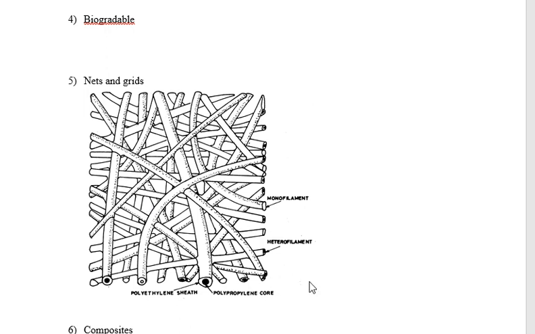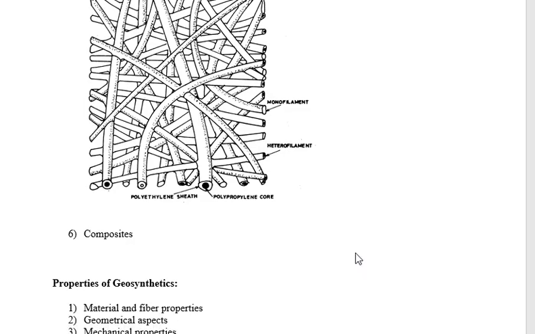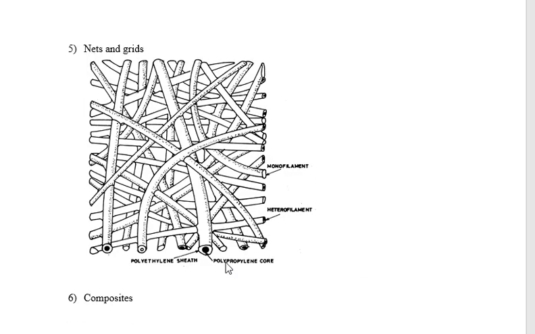Okay. So the last one is composites. Composites means you can mix two geosynthetics. For example, if you mix one geosynthetic with another non-woven geosynthetic and combine them, they can give multiple functions.